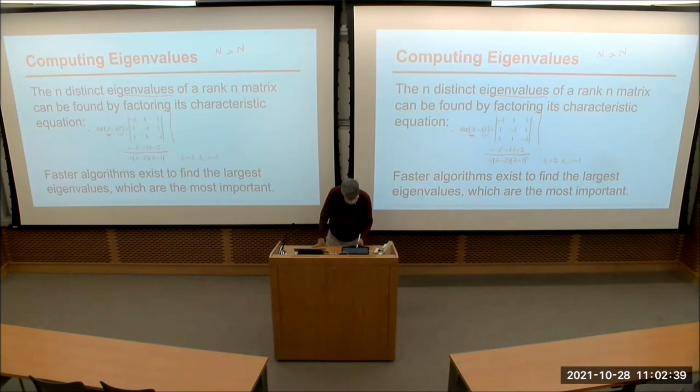Any root of this equation represented an eigenvalue. So by building this matrix, finding its determinant, and factoring that, you could find the eigenvalues of the matrix. There are faster algorithms for finding the big ones, but basically this is where the determinant was useful.